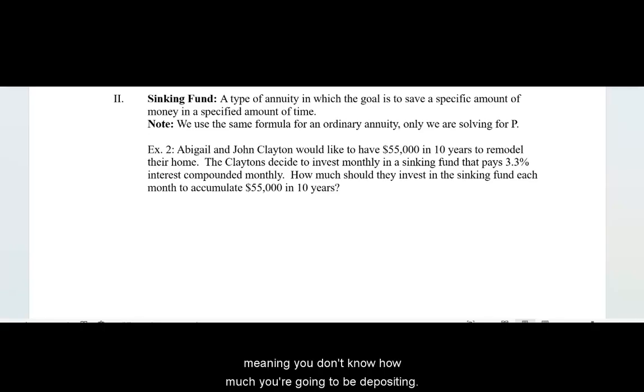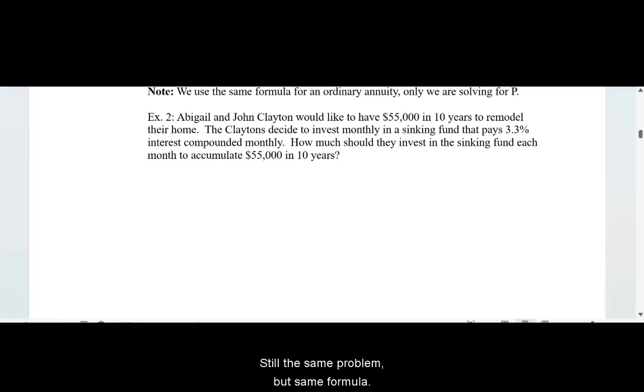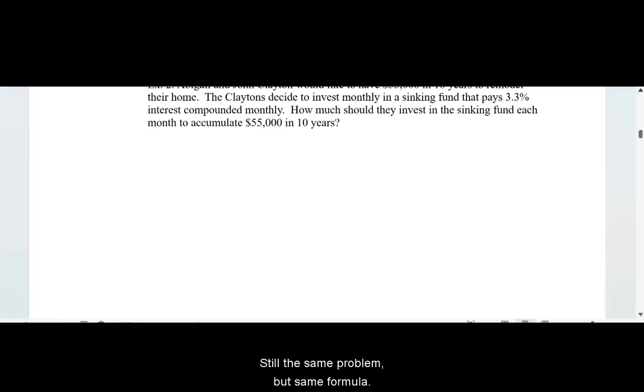Meaning, you don't know how much you're going to be depositing because what you know is how much you want to have. And so you're working backwards to figure out what P is. So you know what A is, but you need to figure out how much do I need to deposit in order to have this desired amount after X amount of years. Still the same formula.